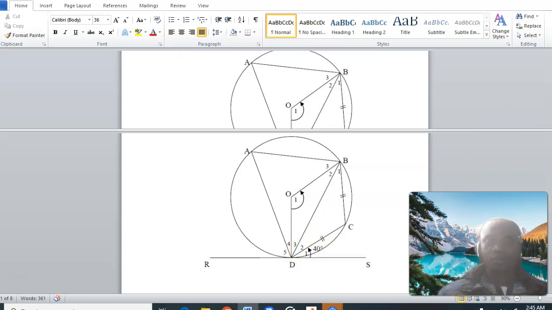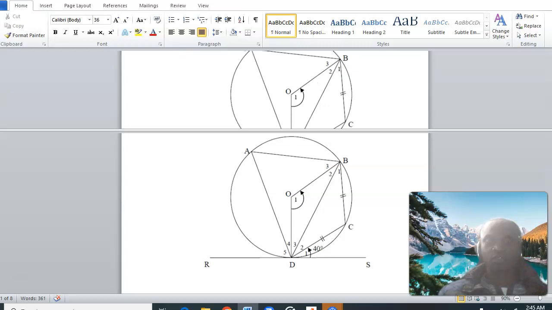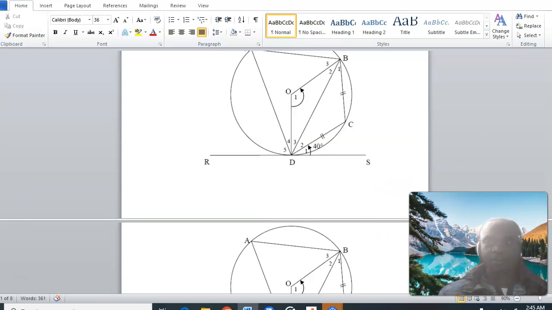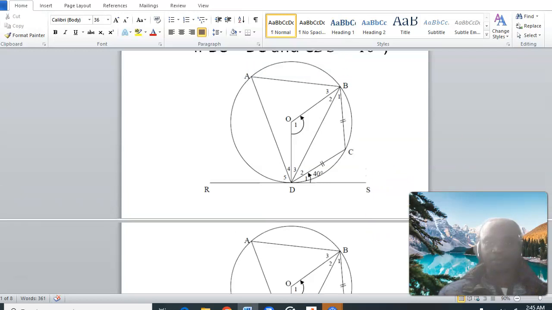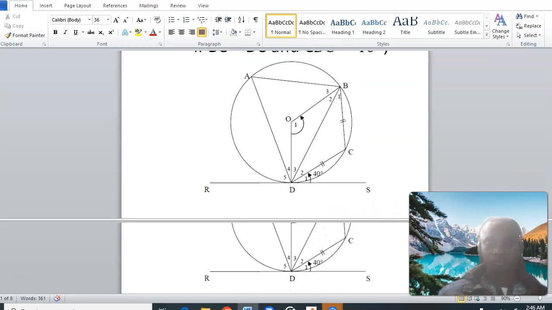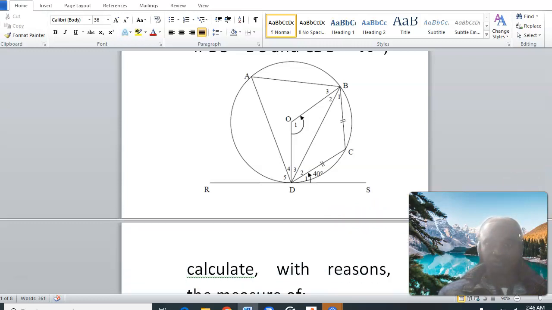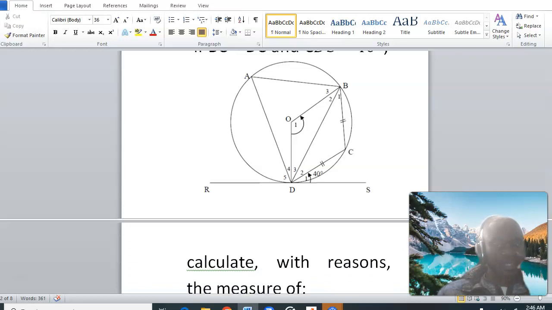Now, what do they want us to do? I'm going to bring the diagram up. Then we'll be solving the question down. Let's move on. The question says calculate with reason.